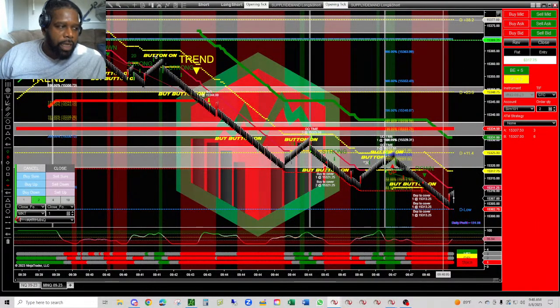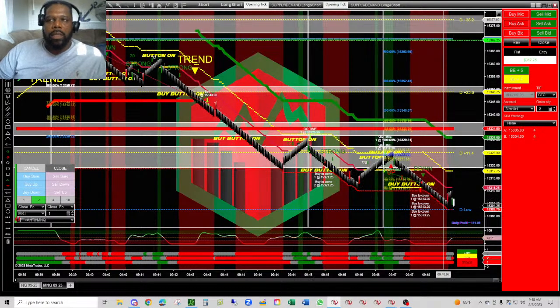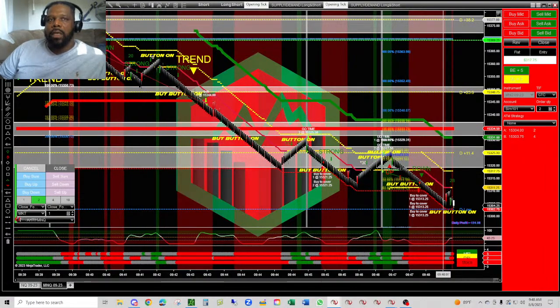The way I have this ATM designed is really for multiple contracts, because after 50 ticks it locks in, but then once it hits 70 ticks, it locks in tighter. So it basically gives a little flexibility to keep going.